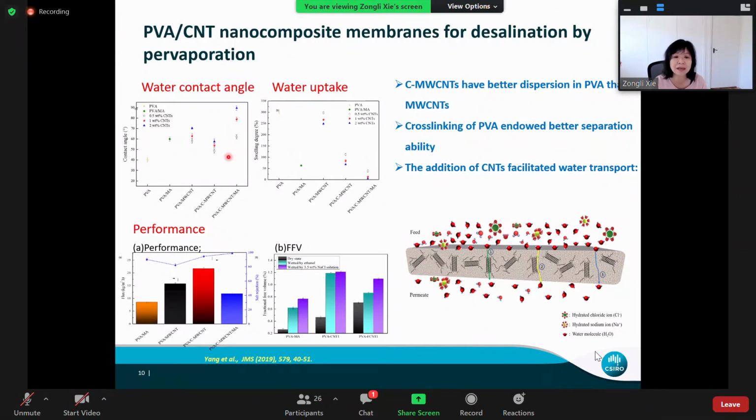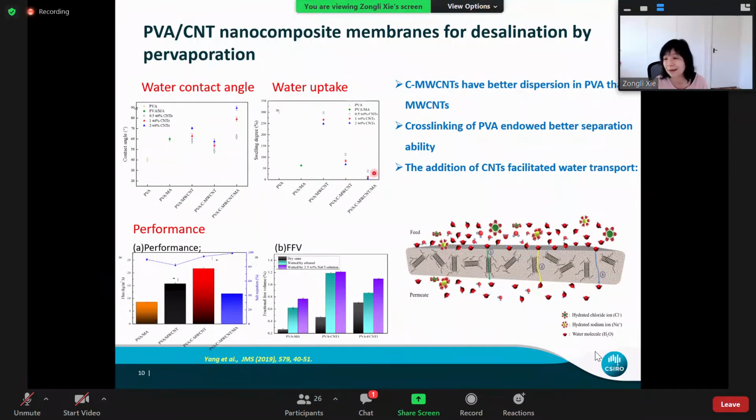And what we have been seeing for this functionalized carbon nanotube is that we are able to improve the flux, and also we can improve the selectivity. And in terms of swelling, it can greatly suppress the swelling. The water contact angle is still relatively increased, because this carboxylic group is a hydrophilic group, so we can maintain the hydrophilic property as well.